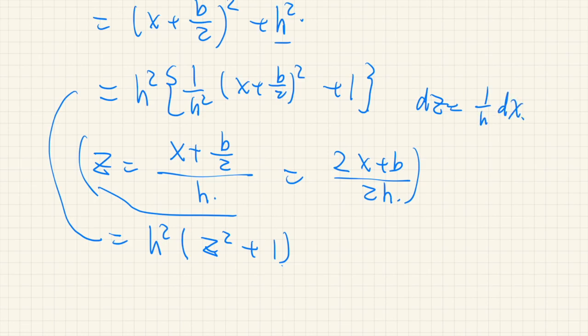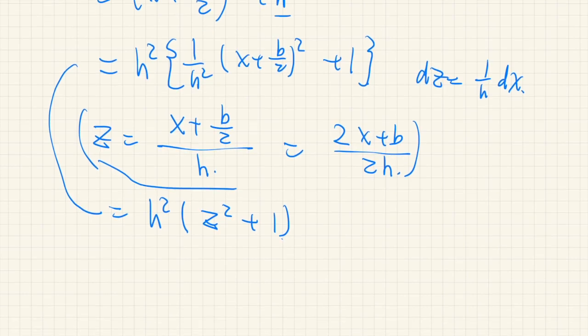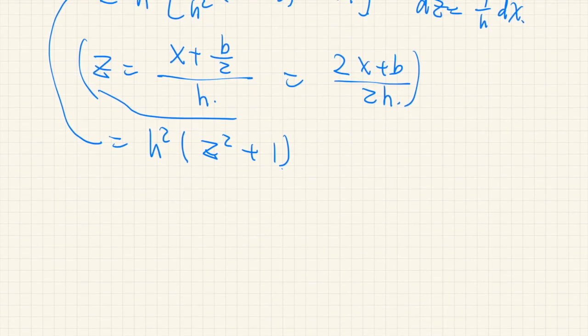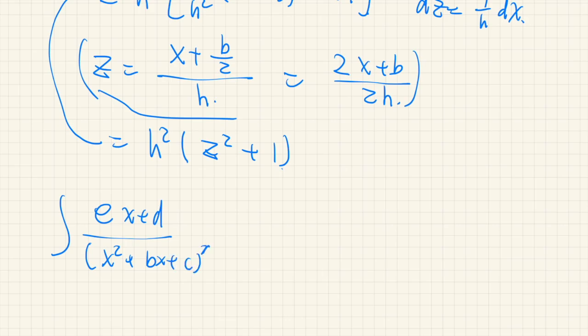So let's modify the original integral using this new variable z. The original integral was the integral of (ex plus d) over (x squared plus bx plus c) to the power of m dx. So this becomes, wait a minute, x is equal to hz minus b over 2.